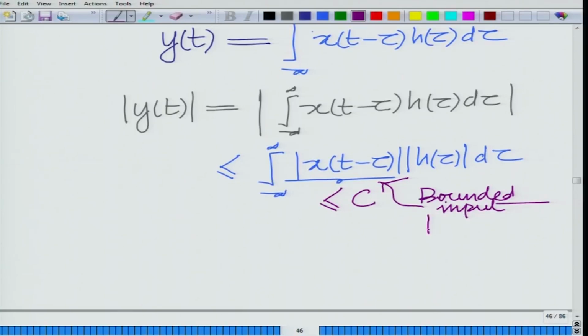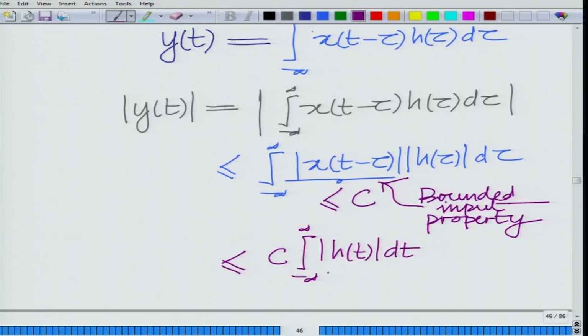This follows from the bounded input property, which implies this integral is less than or equal to c times the integral from minus infinity to infinity of magnitude h t dt.